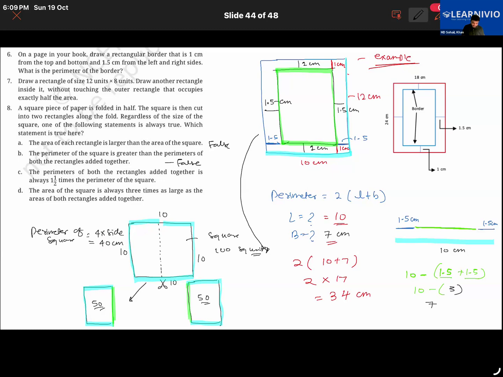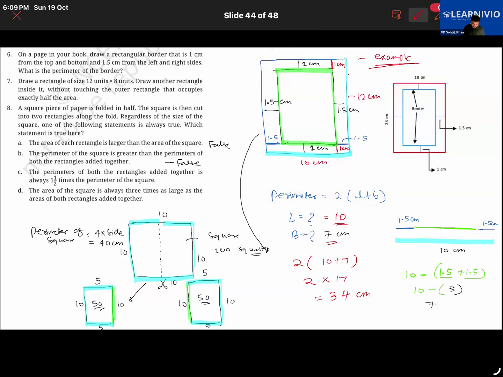Now if you talk about the dimensions of these two rectangles, one side is going to be 5, that is 10, that is 5, and that is 10. You agree to this, right? Because we have taken half of this. So here also 5 and 5 and 10 and 10.